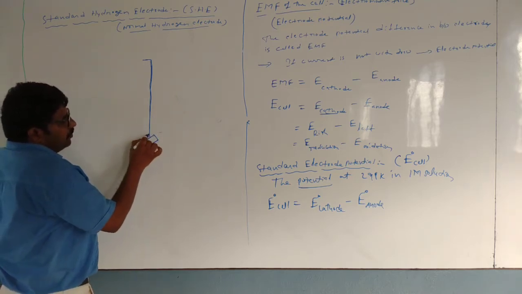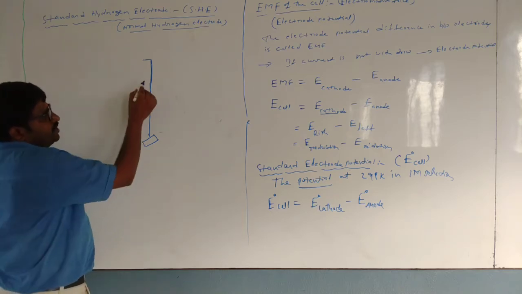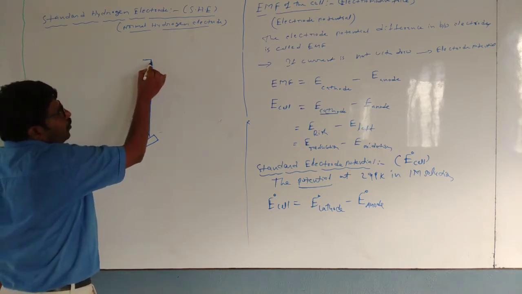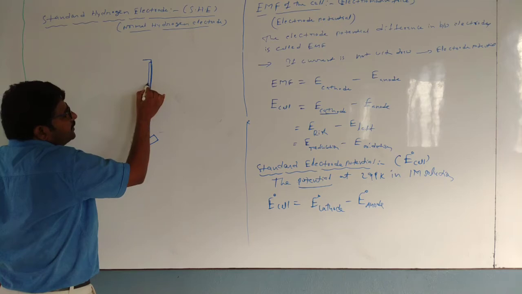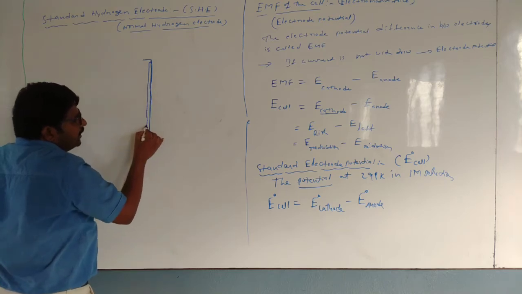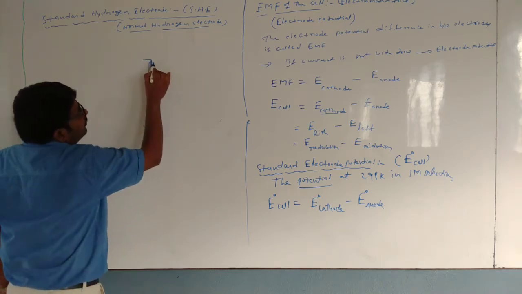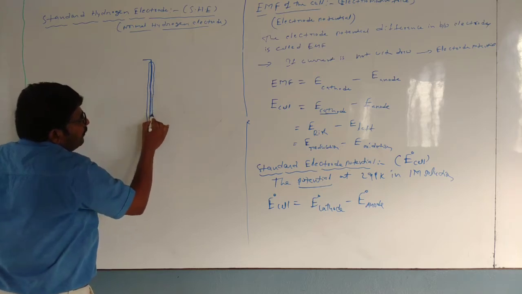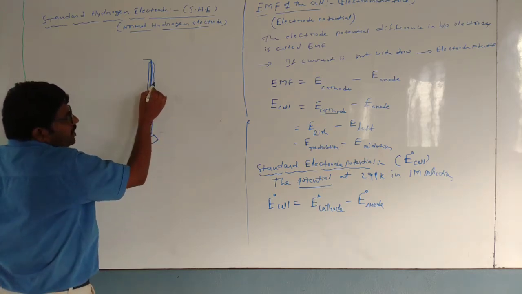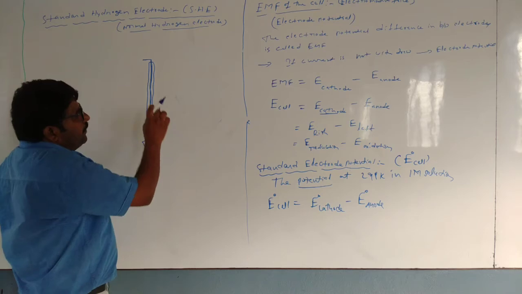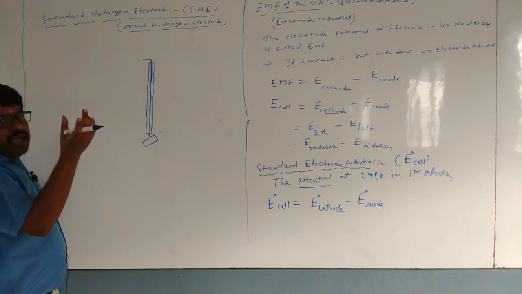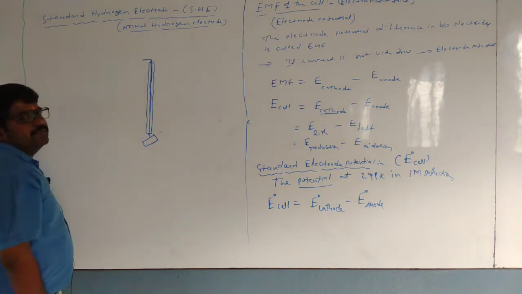This platinum wire is coated with platinum black. What is the importance of platinum black? The platinum black is to absorb the hydrogen gas at the surface.